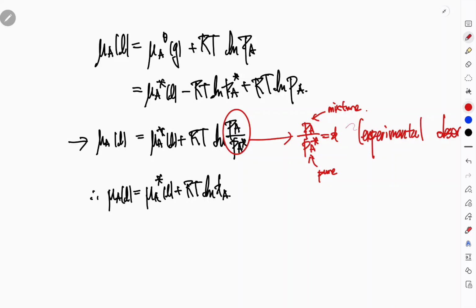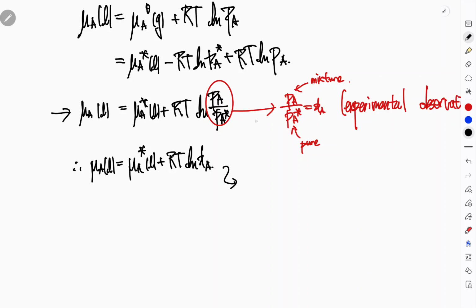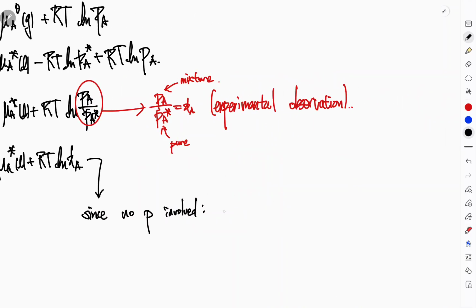So this means that the vapor, actually we assumed a perfect gas, but it doesn't have to be a perfect gas for this equation. So there is only the liquid potential and the liquid potential for the pure substance, and this mole fraction is in the liquid mixture, not in the gas phase.